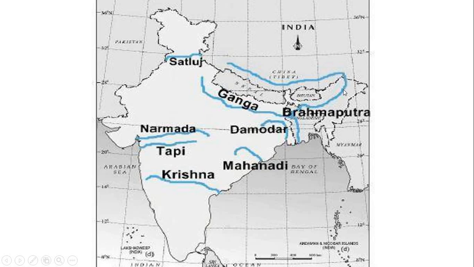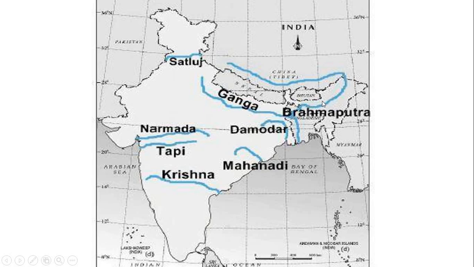The state is Arunachal Pradesh. In India, the Brahmaputra river enters through Arunachal Pradesh, and here it is known as Dihang. In Arunachal Pradesh, the Brahmaputra river is known as Dihang. After that it enters the Assam plain area.